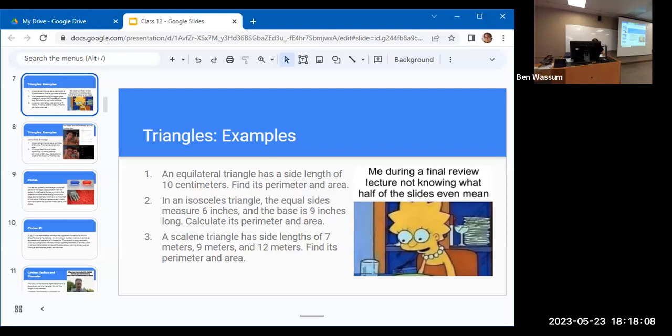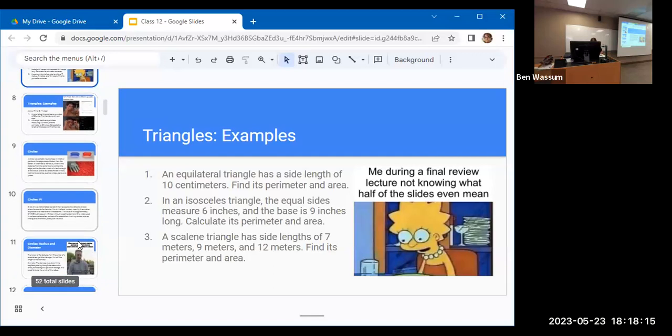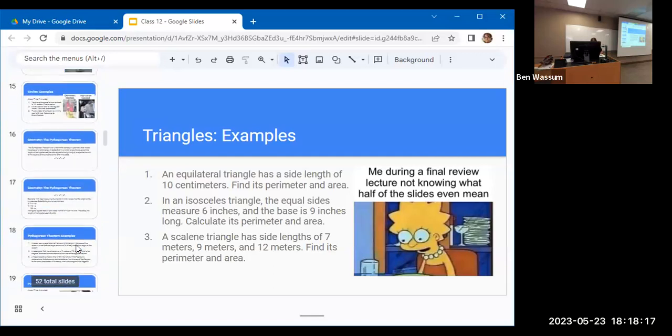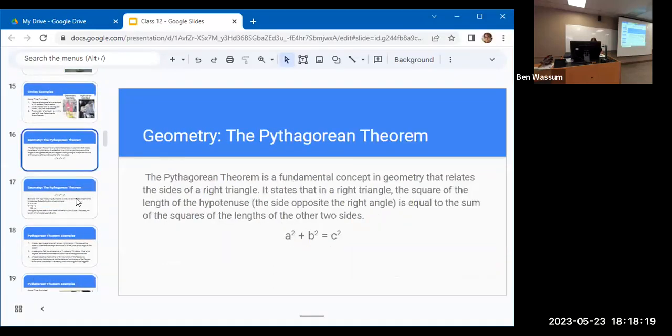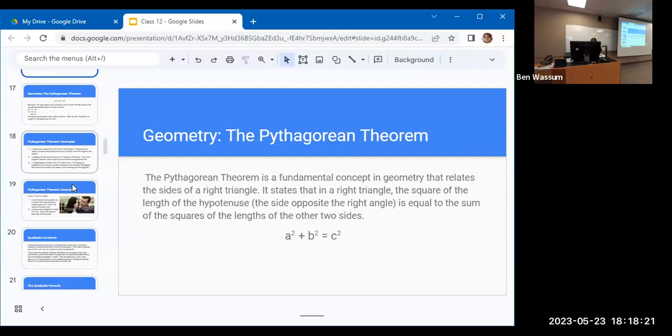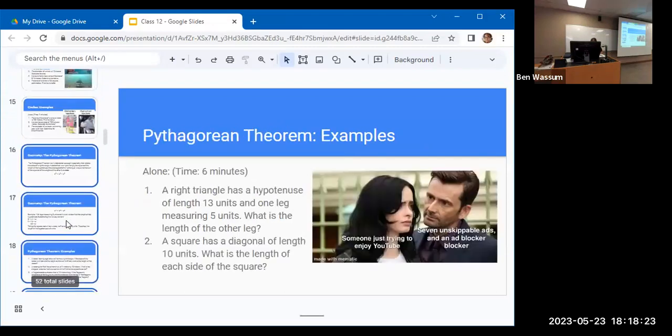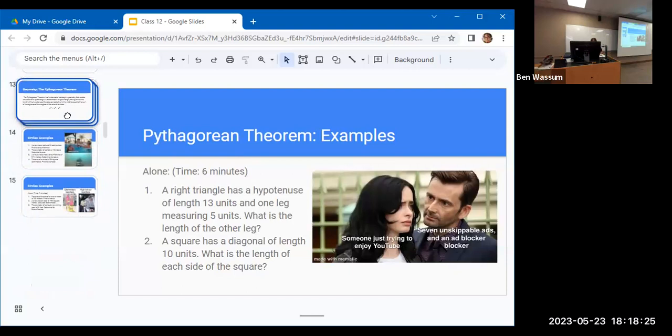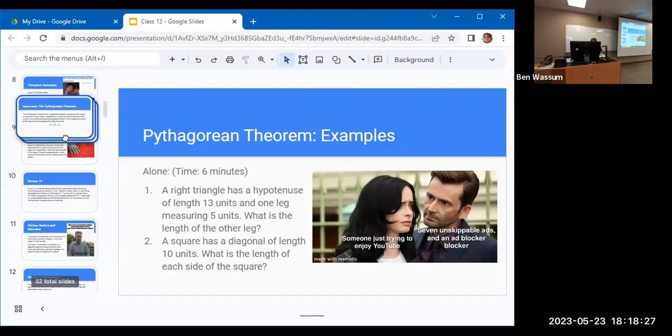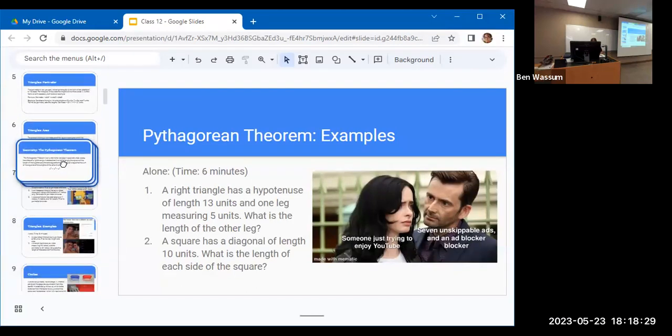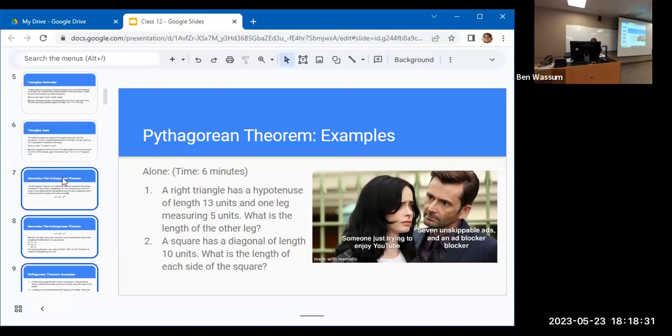You know, I made all these problems and I neglected to realize how much I would be needing the Pythagorean theorem. So let's fix that. Let's go back and do the Pythagorean theorem for funsies.